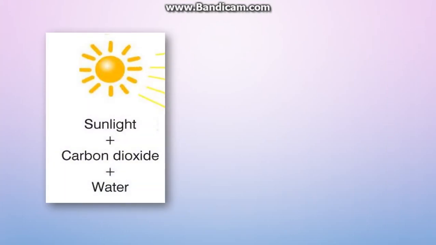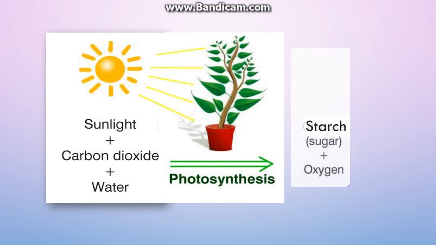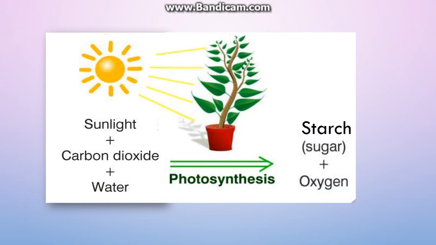So, sunlight plus carbon dioxide plus water, making photosynthesis in the green parts of the plants, give the food, which is starch, plus oxygen gas. So from here you have to know that starch is the food for the plants.